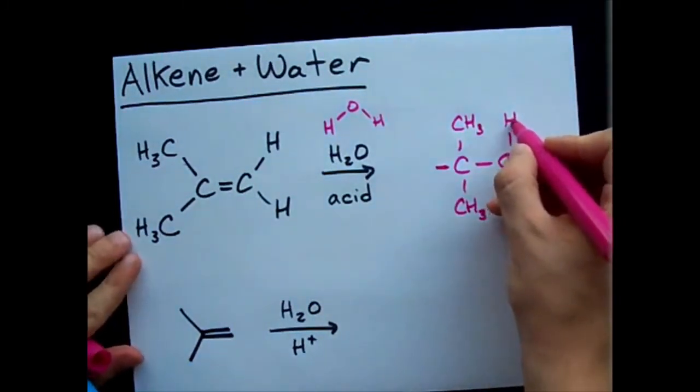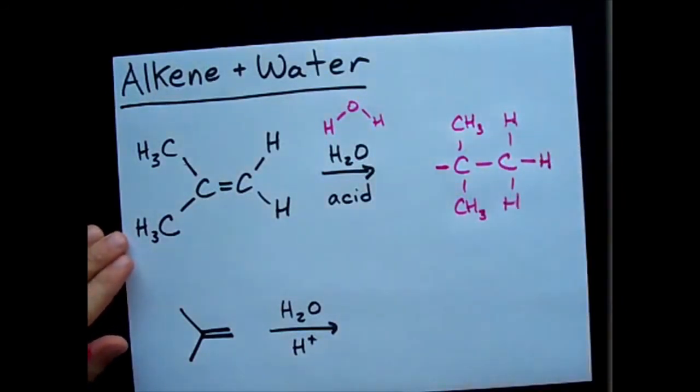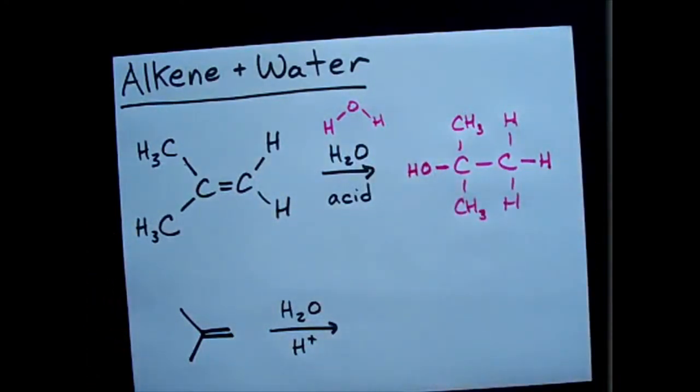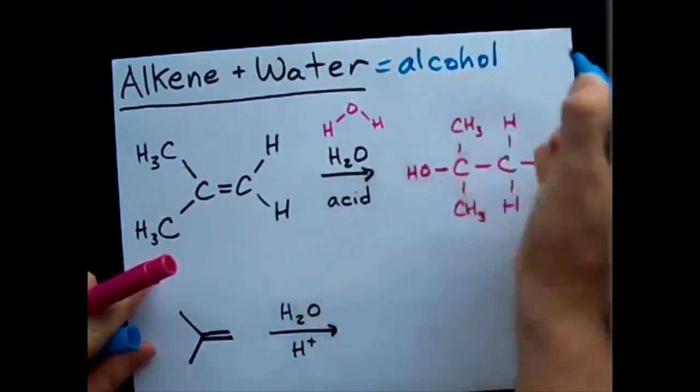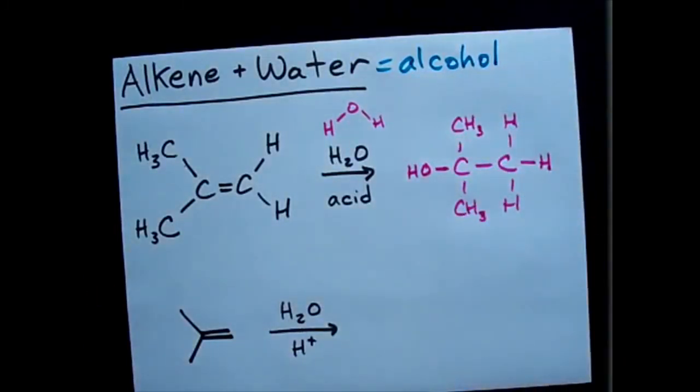The carbon that has the most H's on it gets the H in this reaction, and the OH attaches to the other one. You end up with an alcohol. And actually the alcohol we've come up with here is, oh, I guess I don't know. I don't want to have to name it right now.